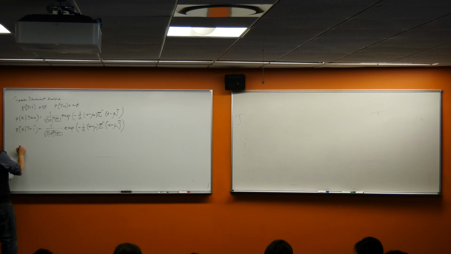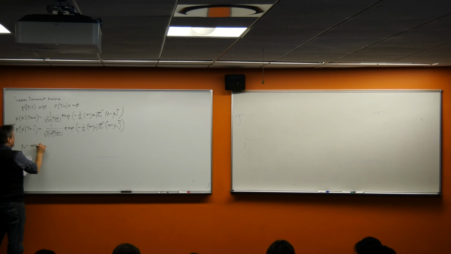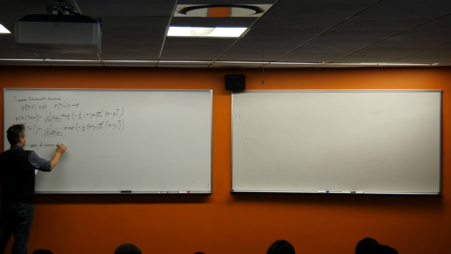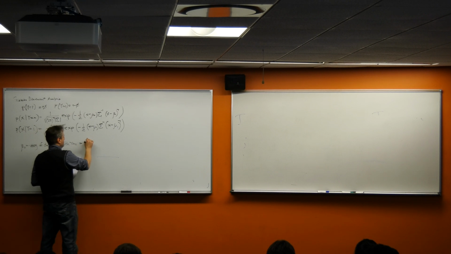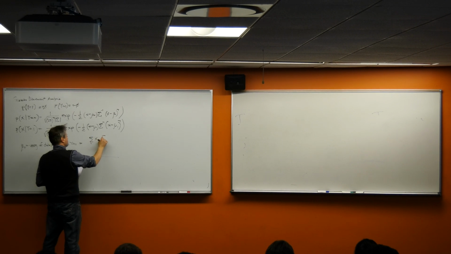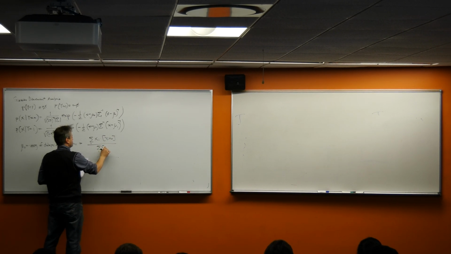So I have two means. This is mean, say average. Average of data points with y equals 0. That would be the sum over all the data points xi times the predicate is yi equals 0, yes or no, divided by all of these guys who have y equals 0.